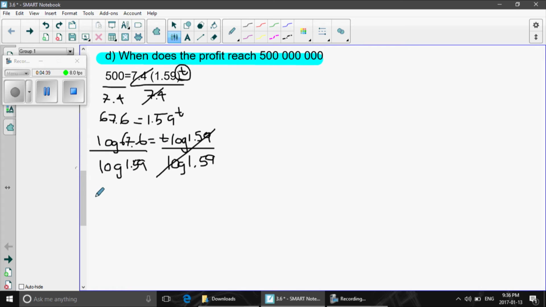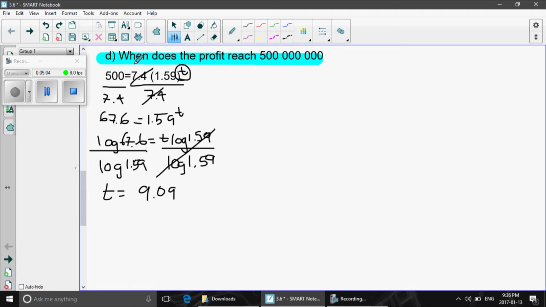Now all you need to do is punch in these two numbers on your calculator and divide them, and you're going to get t to be equal to 9.0. So in approximately 9 years, you're going to reach $500 million.